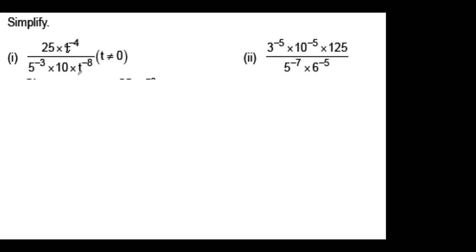So first, make it in the form of 5. This will be 5 into 2. This 5 raised to minus 3 is there, and this is 5 raised to 2 is there. 25 is 5 square.